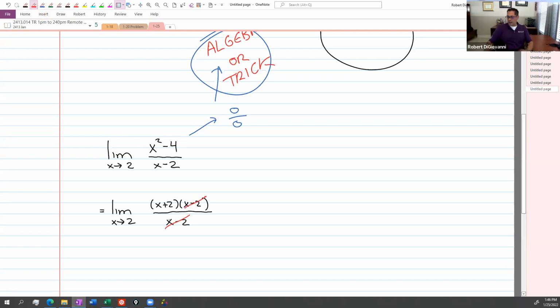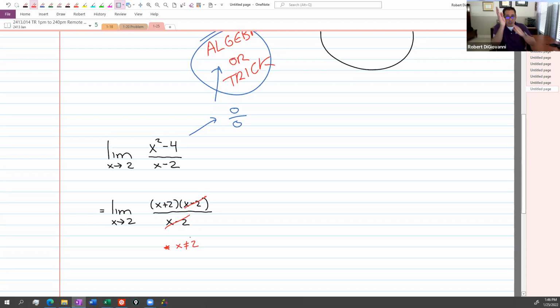Now, I'm curious. I want to know something. I'm going to do a poll real quick. It's just a yes or no question. How many of you, when you took college algebra, remember that your instructor told you that when you have an expression like this and you cancel these factors, there's a little asterisk, and you're promising me that x will never be equal to 2?